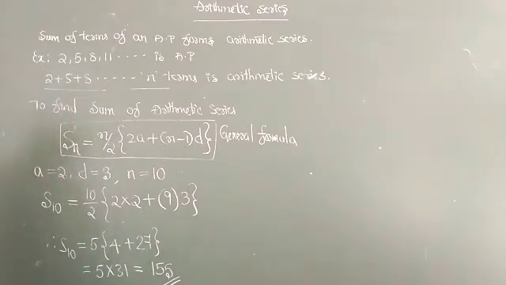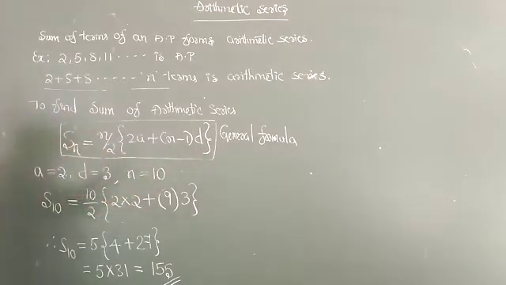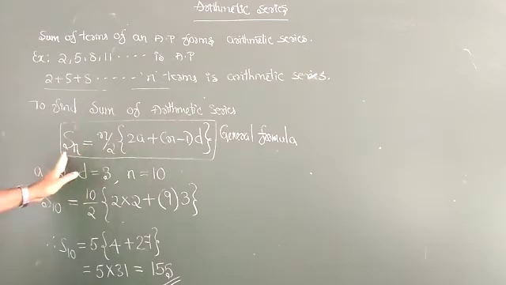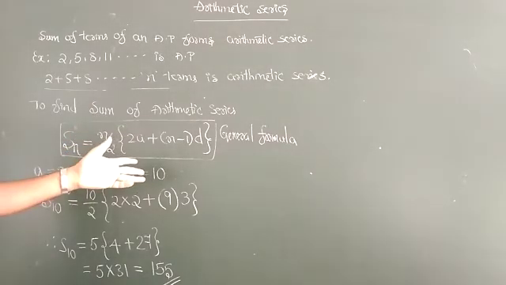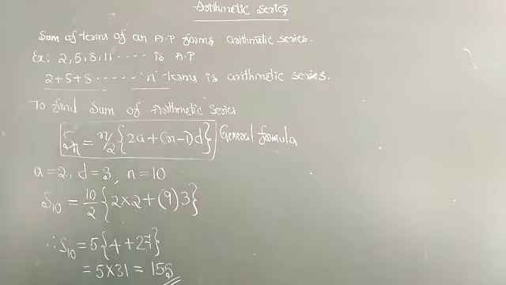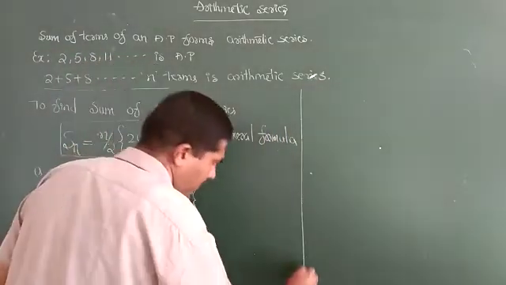You are supposed to know the value of n, the value of a, and the common difference. Alternatively, by knowing the value of n and some other terms, you can find out the common difference also. We will be studying that while you are solving problems one by one.